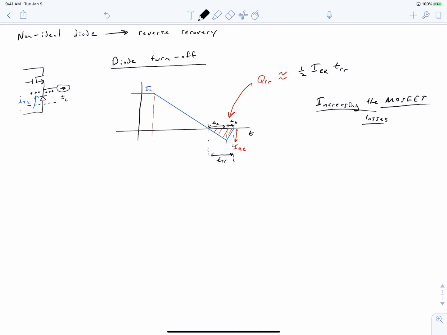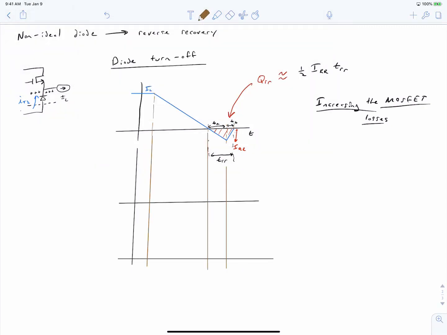Why is this? Well, let's redraw our MOSFET turn on. And we're going to consider this for the case where TB is assumed to be 0.